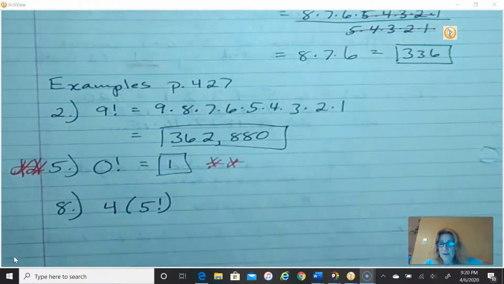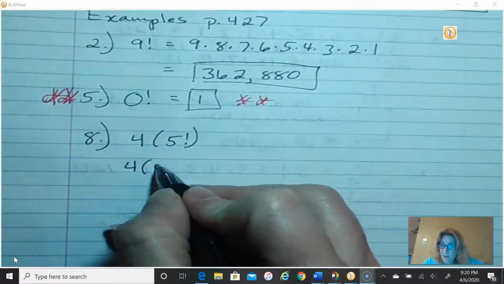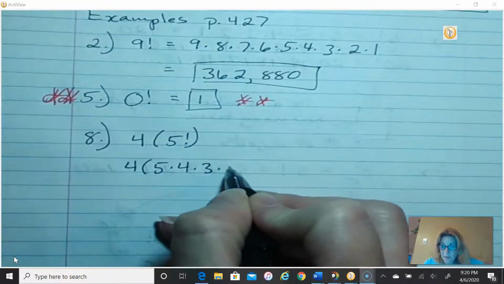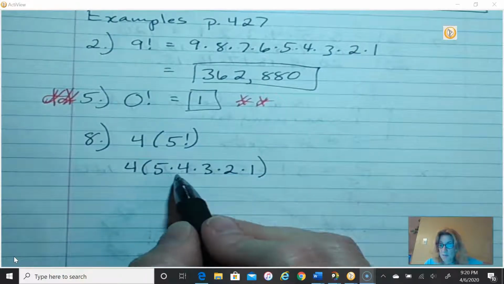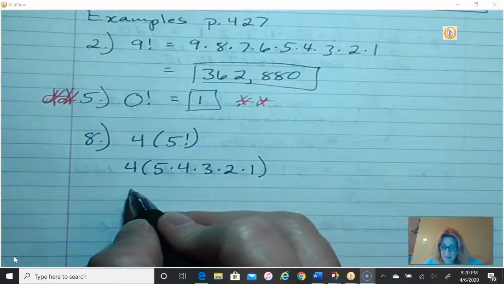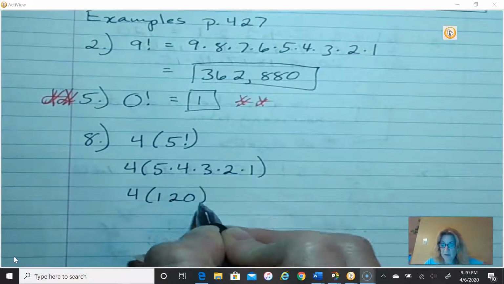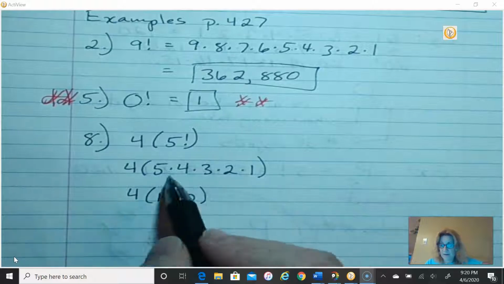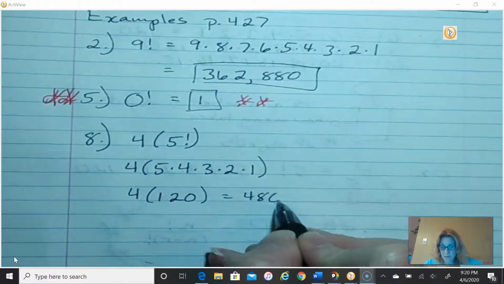First thing you do is your factorial. 4 times 5 times 4 times 3 times 2 times 1. You multiply this out with your trusty calculator, and you get 4 times 120, because this equals 120. Multiply that out, you get 480.